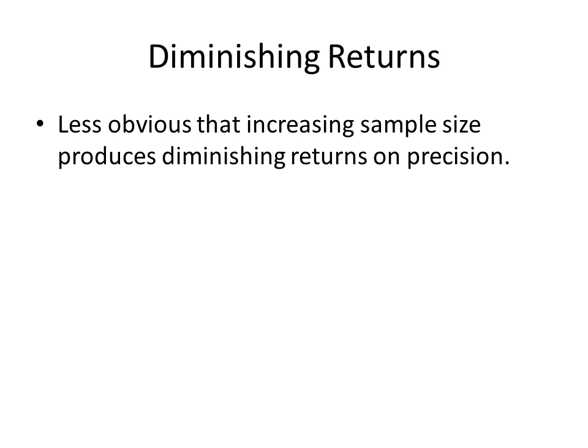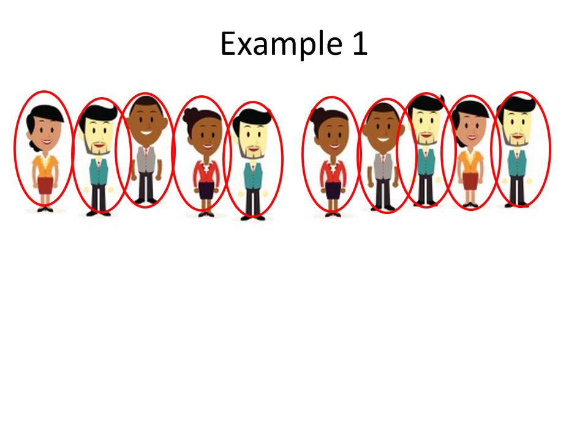While increasing the sample size increases precision, increasing sample size may produce diminishing returns. And this is less obvious. So one of the things that we'll want to look at now are examples that clarify this statement.